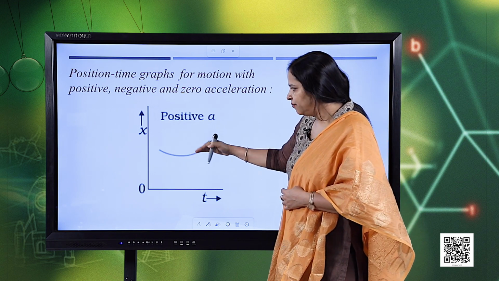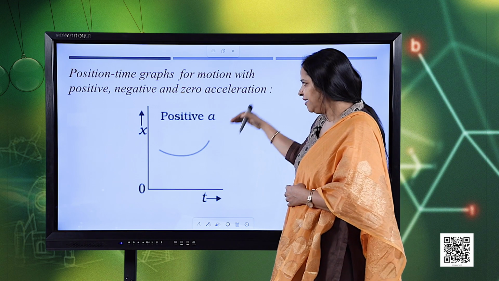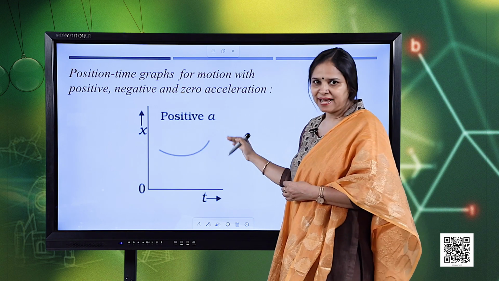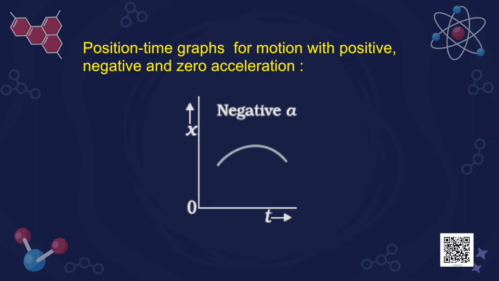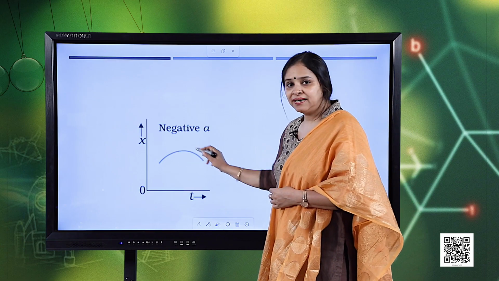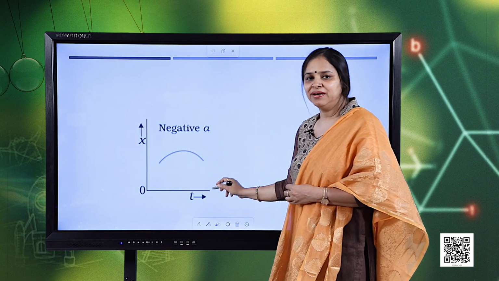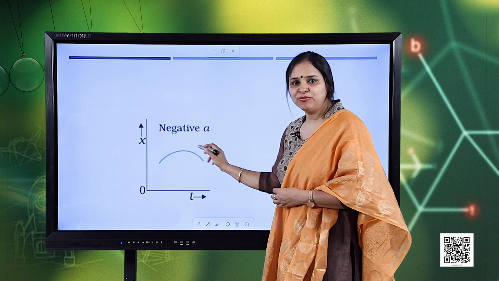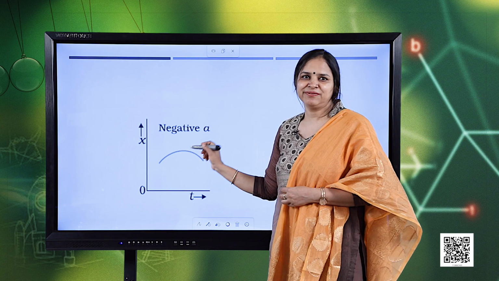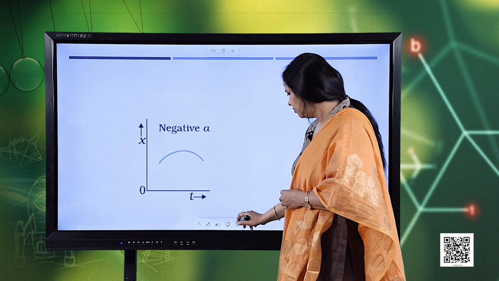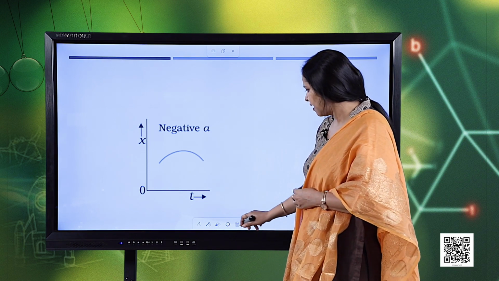So, if the curve is in the upward direction, it represents positive acceleration in a position time graph. Now, look at another graph where the curve is in the downward direction. This curve represents negative acceleration.